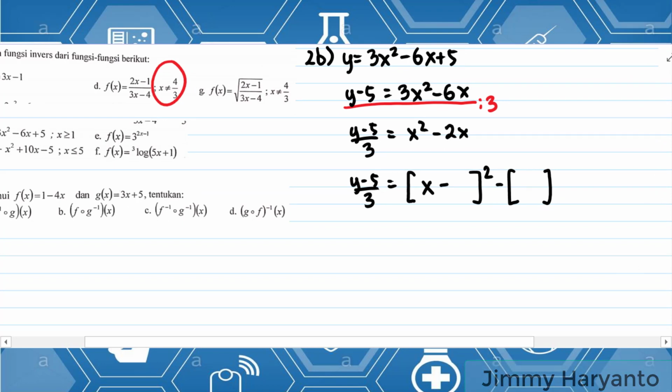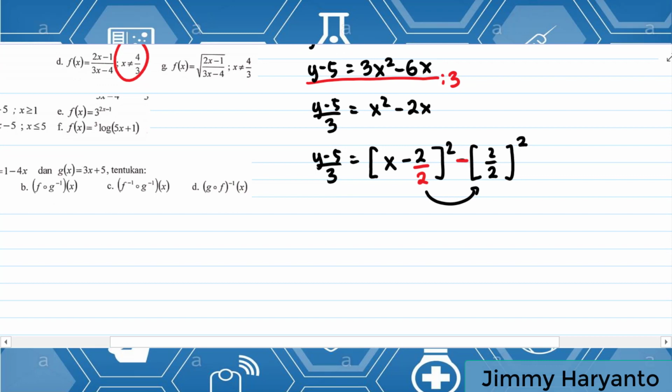So I write minus 2, same as the question, but you have to divide by 2. Remember, always divide by 2 and then always minus. Okay, so you copy this one to the small brackets and then you calculate it.